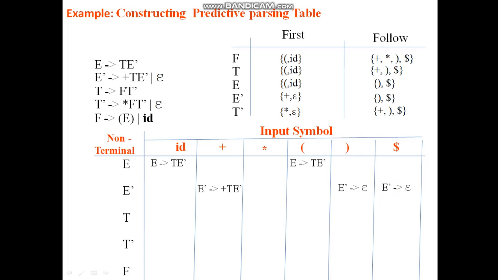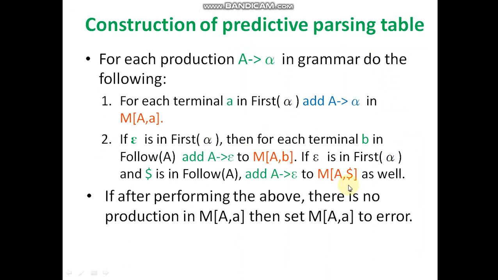Now look at this production added in the right parenthesis and the dollar columns of the row E dash. Why? Because E dash gives epsilon. Here epsilon means alpha is epsilon. If alpha derives epsilon, then you should look at sub-rule number 2.